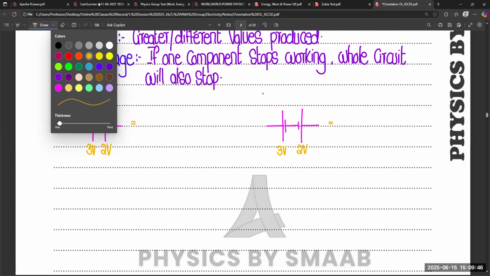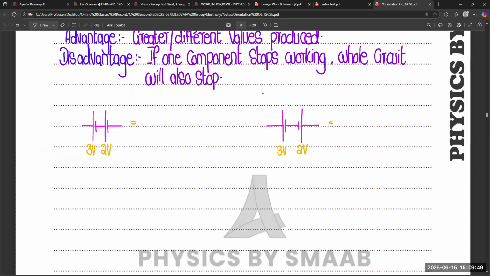And in the same way, if we have one more connection like this, but we have the same values, 3 volt, 3 volt, what will be the final answer? Then we have this combination.